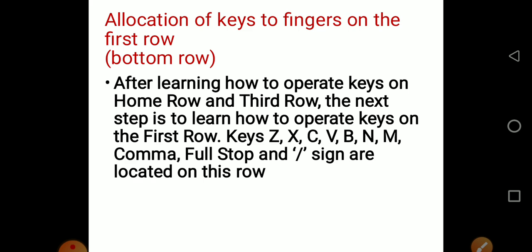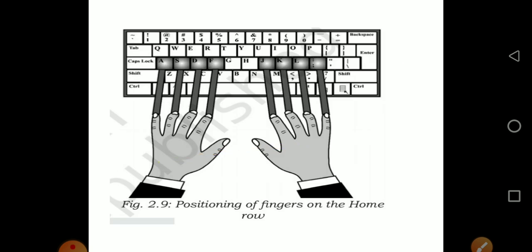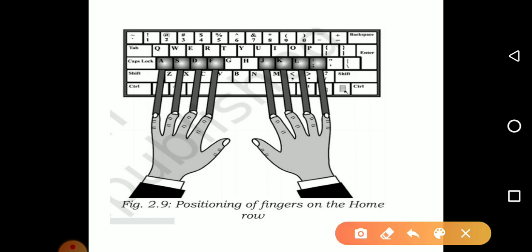The first row is the bottom row. Look at the first row here: Z, X, C, V, B, N, M, along with the greater than and less than symbols. This is the first row, the bottom row.